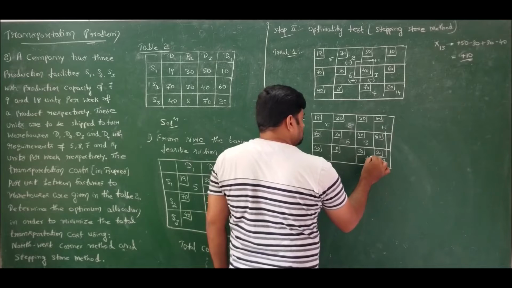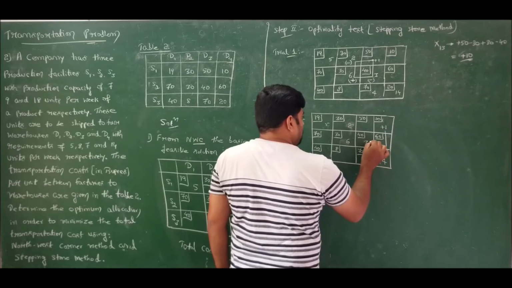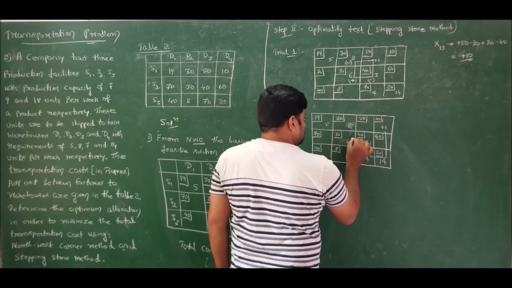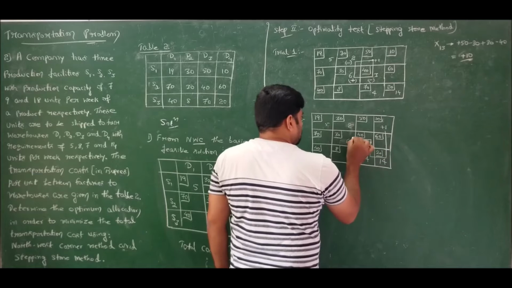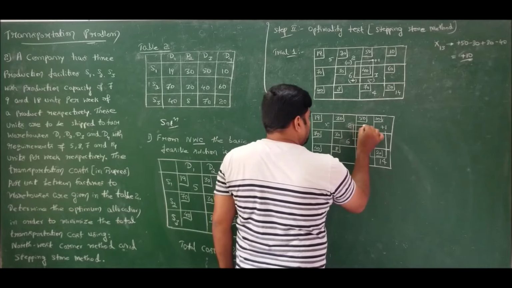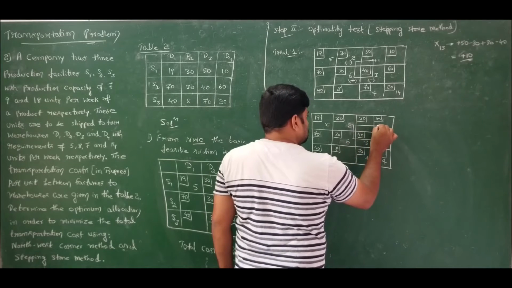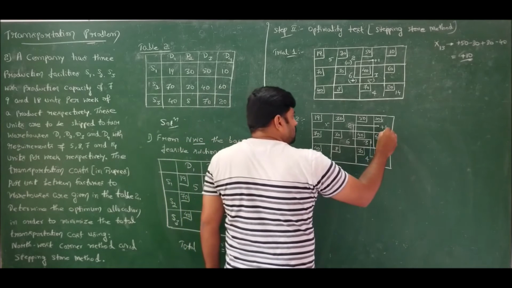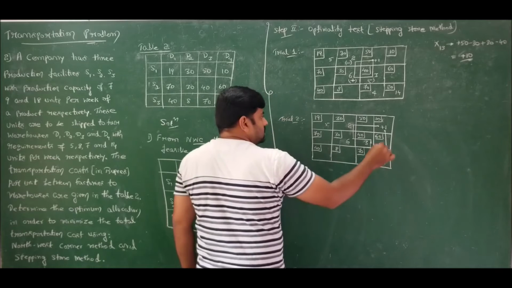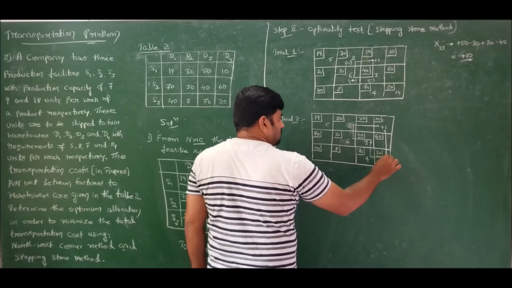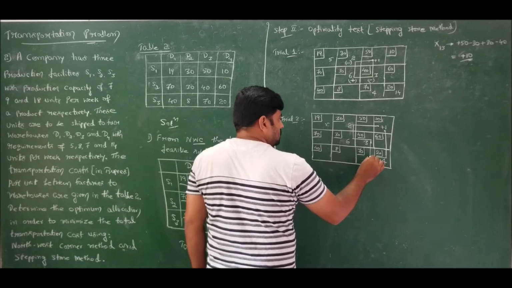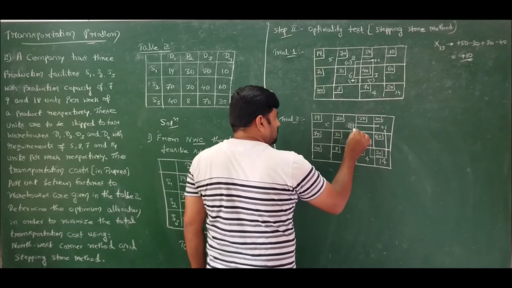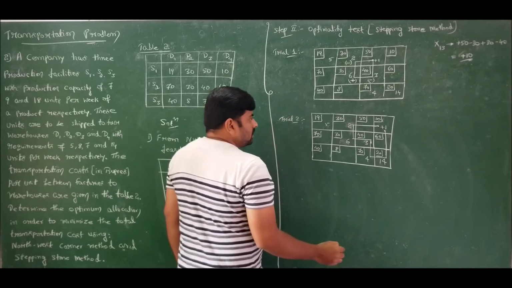I'll go like this, and I'll come here, and then I'll go like this, and then I'll come here, and finally I'll come back. Clear? So you should always move to the allocated cells. So I come here, then here, here, here, and finally to the source.